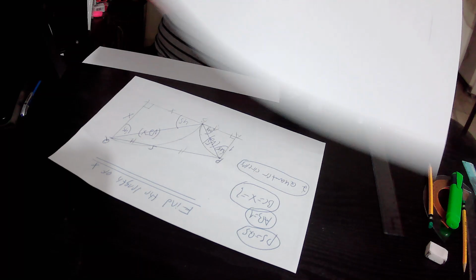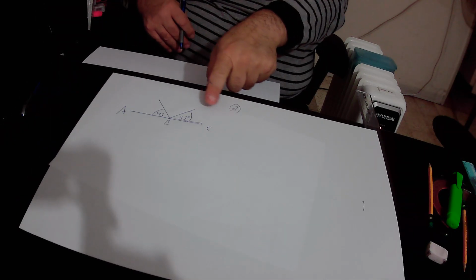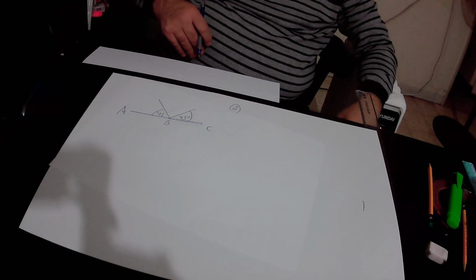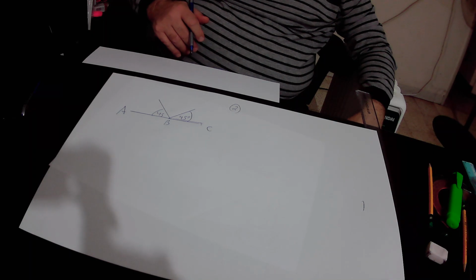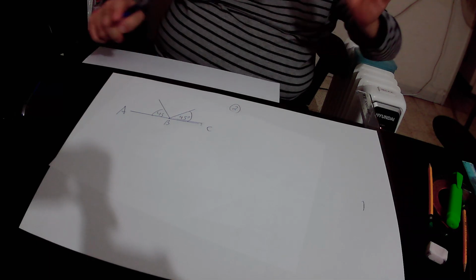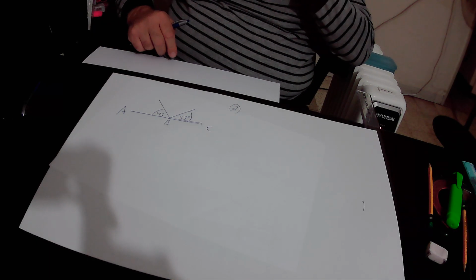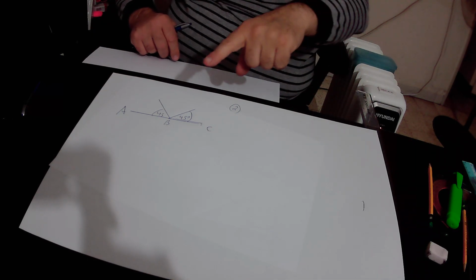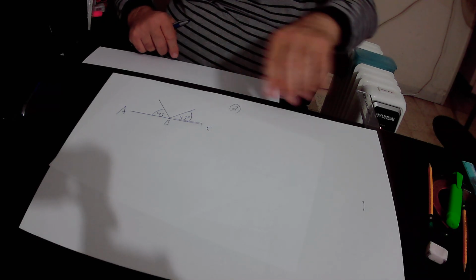So actually, this is the straight line AC that is coming from the original drawing. The sum of the angles on the upper side of the straight line AC at point B must be equal to 180 degrees according to rule number 3. So which angles do we have at the upper side of AC at point B?